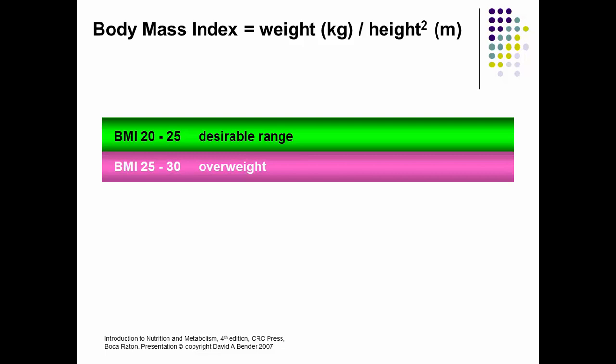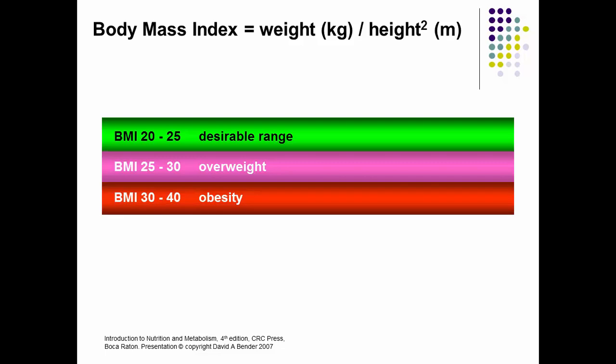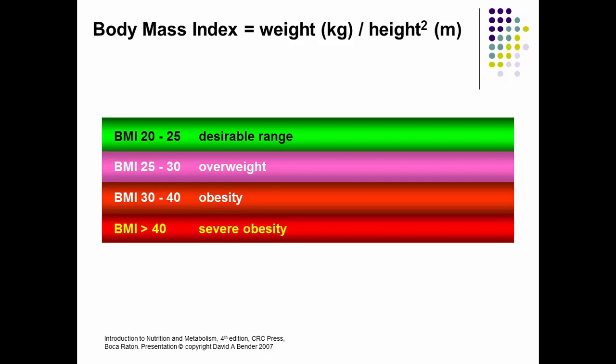But if BMI is higher than 25, between 25 and 30 is considered overweight, 30 to 40 is obesity, and greater than 40 is severe obesity, right? So BMI is what people usually use to define obesity.